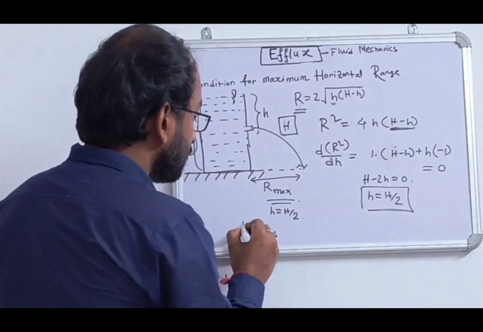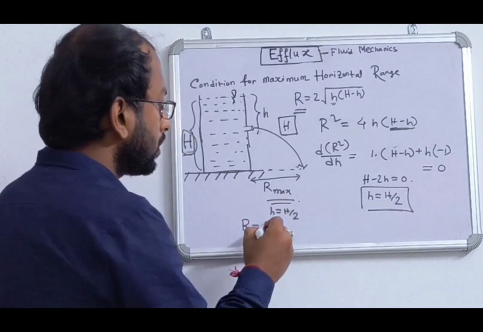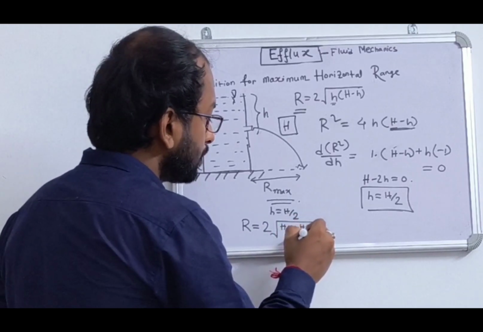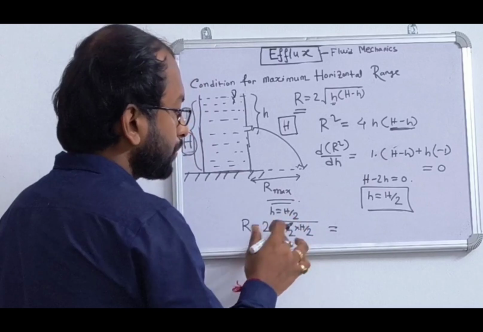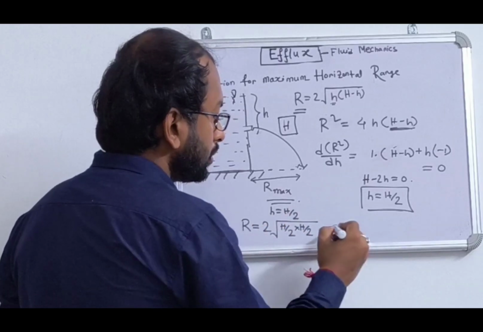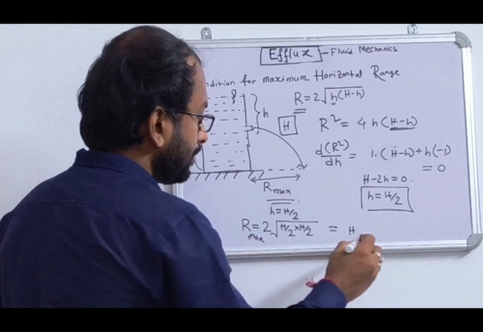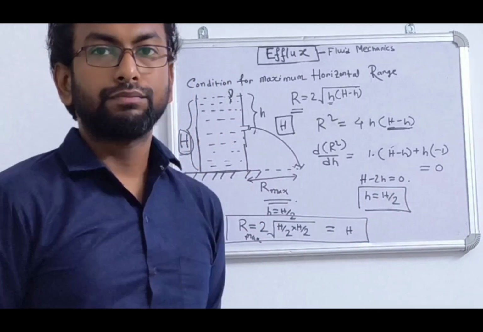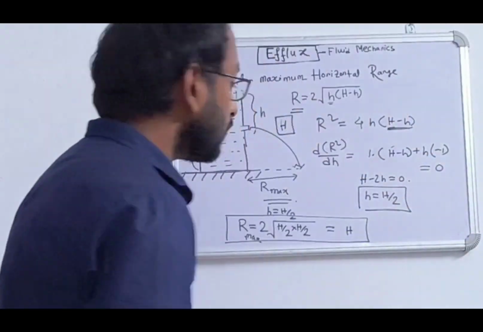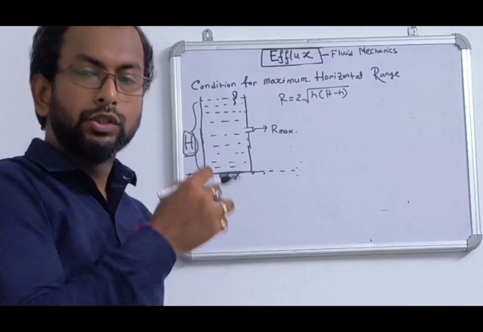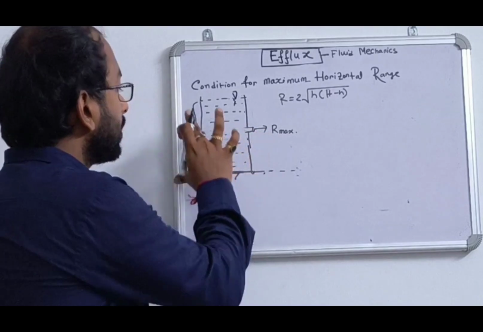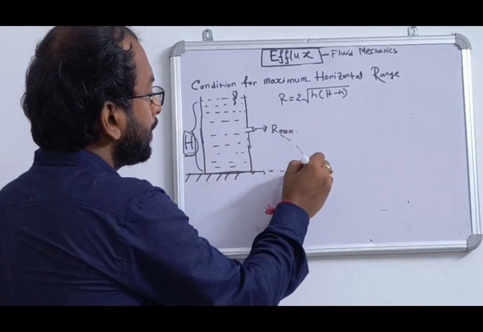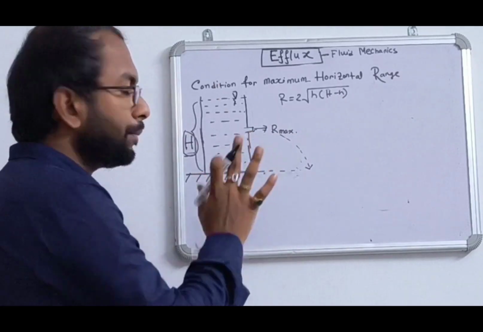So R is 2 times root over H by 2 into H by 2, that is H. So the maximum range is H only, that we got. Now we'll go to another small topic. We got that if we make the hole at the middle point, we get the maximum range. That means the liquid will hit at the maximum distance from the beaker.